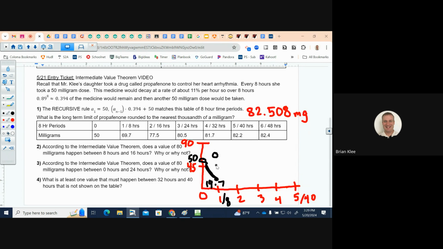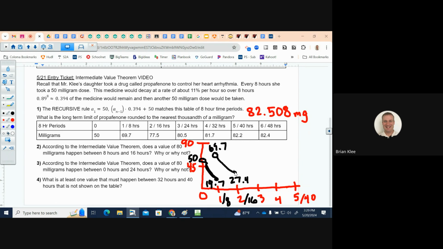And then that's going to decay again. 39.4% of it is going to be left over. So it's going to drop down to 27. We'll go 27.4. So that would be 16 hours.